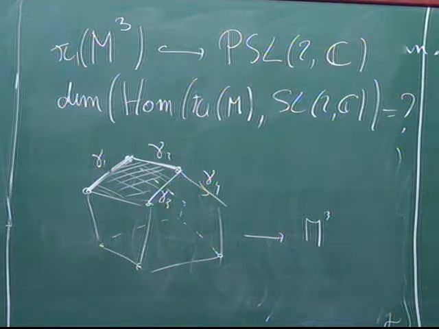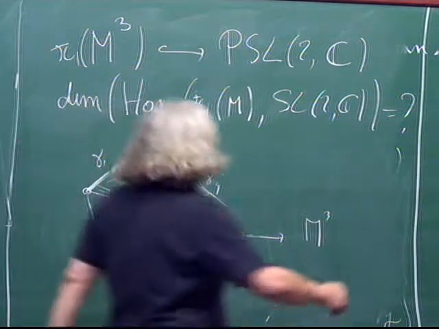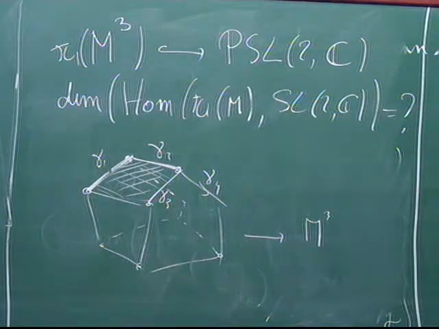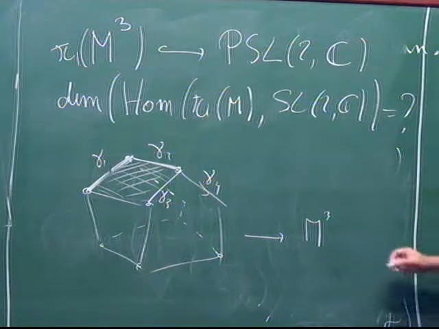So now you can write the Euler-Poincaré condition for this polytope. Let me go to the quotient.